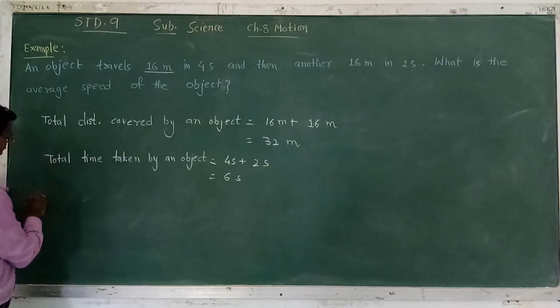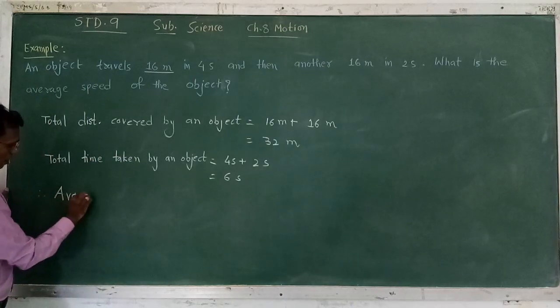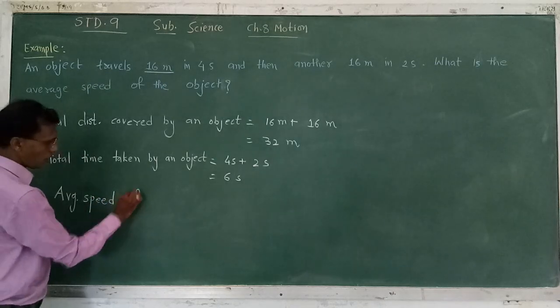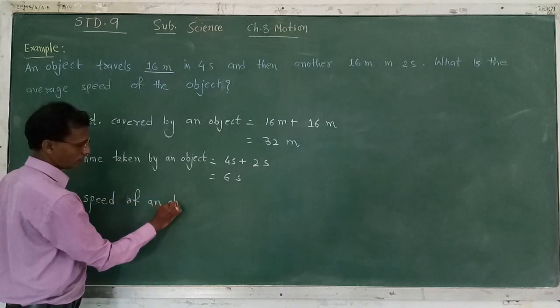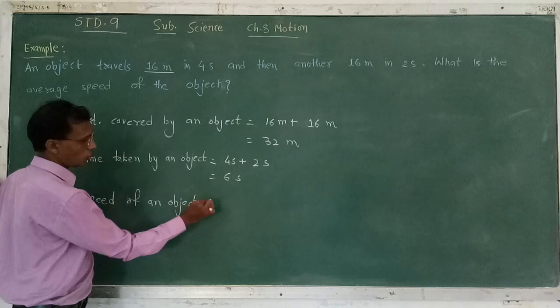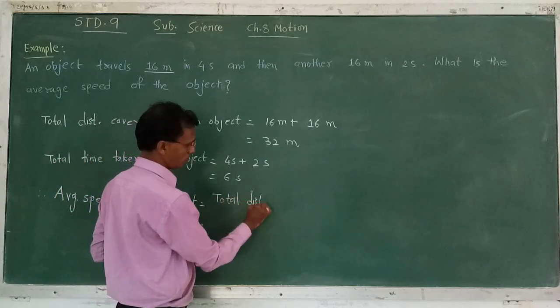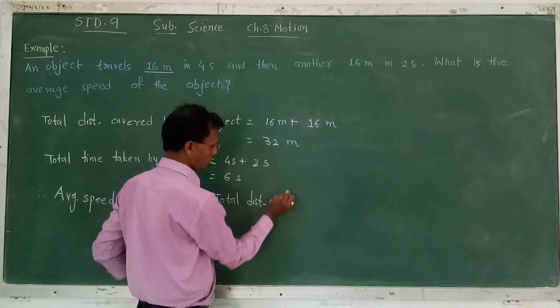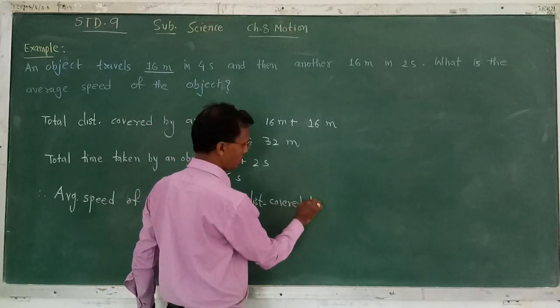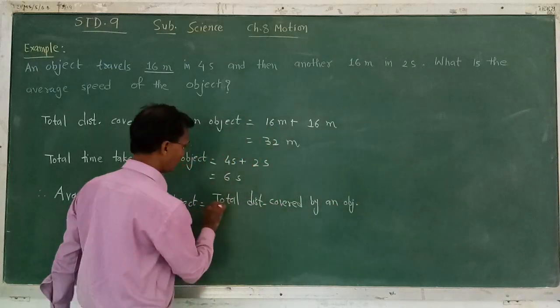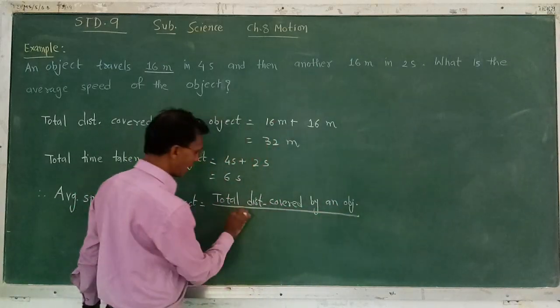So the average speed of the object is equal to the total distance covered by the object divided by the total time taken.